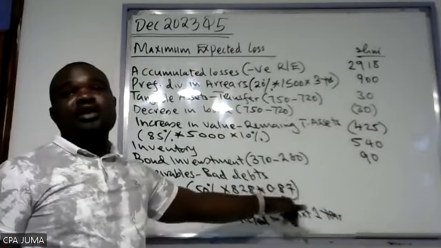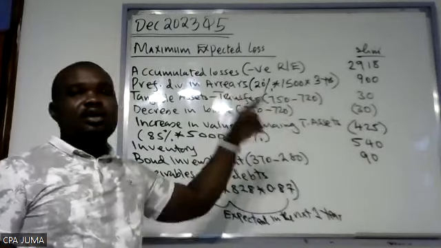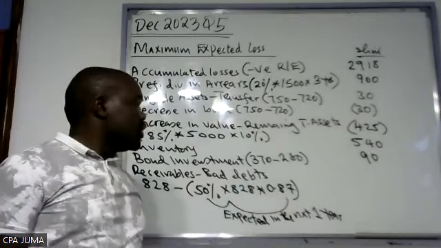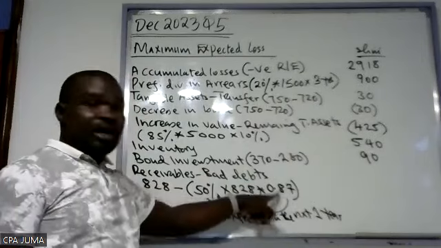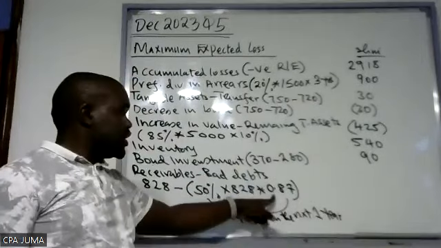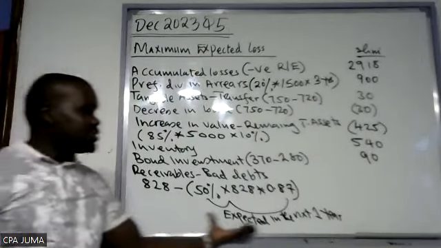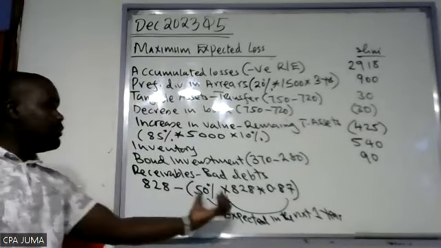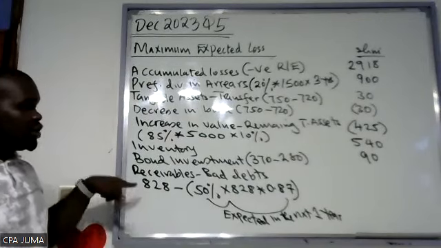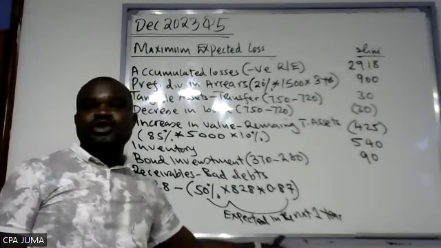So 0.87 is 1 plus R raised to power negative 1, where R is the 15%. So 1.15 raised to power negative 1 is the one giving us this figure here, multiplied by this. So this is expected to be received. So irrecoverable debts will be the difference between the total minus what we expect to receive.